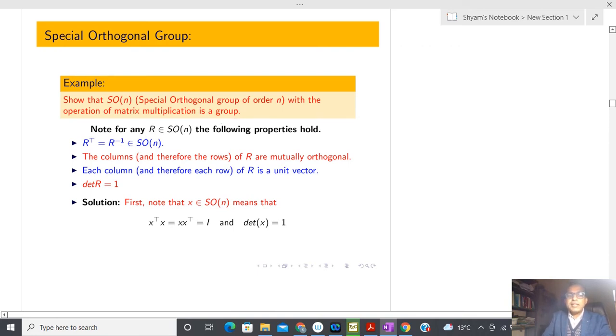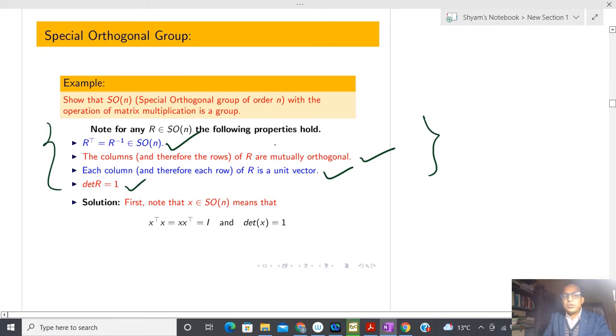The first property is that R transpose equals R inverse. Columns and rows are mutually orthogonal, and each column and row is a unit vector, and another property is that determinant of R equals 1. This is the definition of the special orthogonal group.